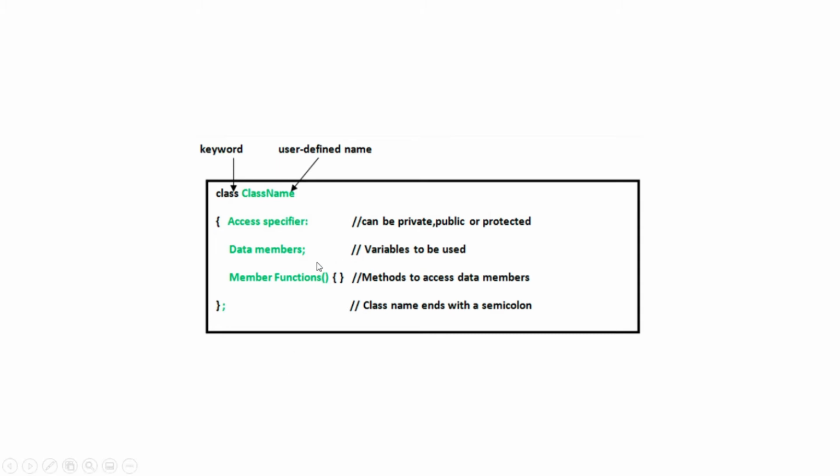And then you have these member functions. And we're going to get into mutators and accessors in a little bit. But the member functions are nothing more than just methods that are provided to you to play around with the data members of the class. So that's how classes are defined. Okay, you with me so far?